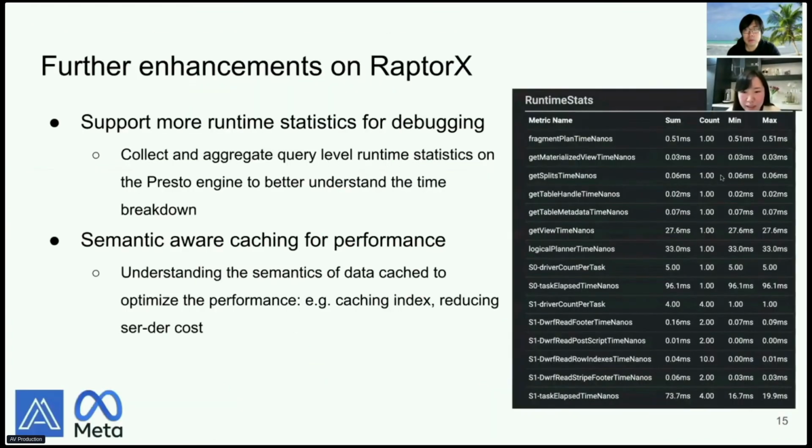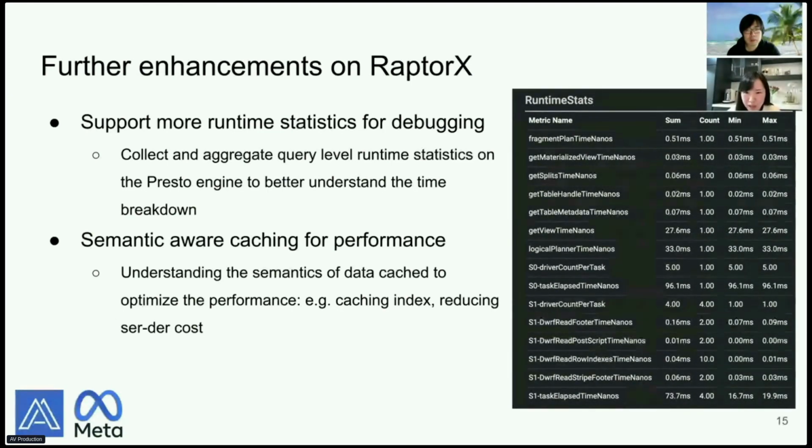Next slide. So lastly, I'm going to talk about another two enhancements we've added on RaptorX. The first one is the runtime stats. So it's an improvement in collecting and aggregating query level runtime stats on the Presto engine to better understand the time breakdown.